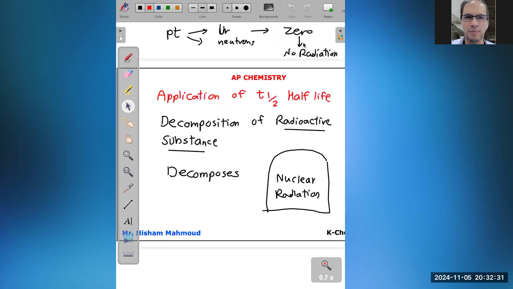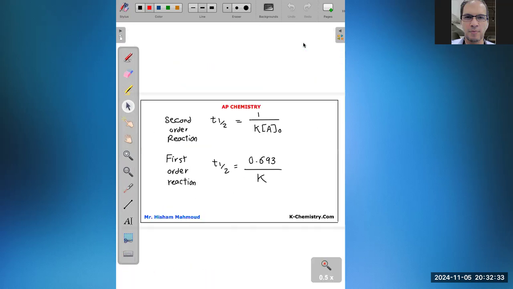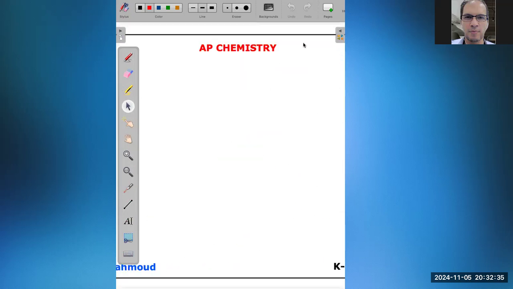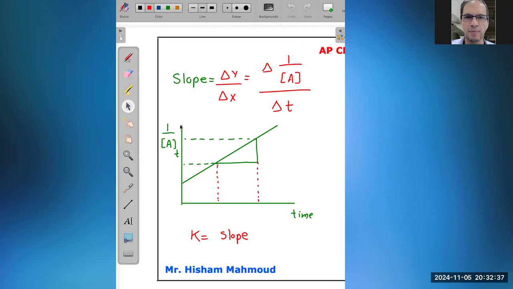The slope is k directly. So if you want to find the k, just make the curve between 1 over the concentration and the time, and take the slope of it. It will give you the value of k directly. And the t half, we agreed that the t half equals 1 over k multiplied by the initial concentration A.